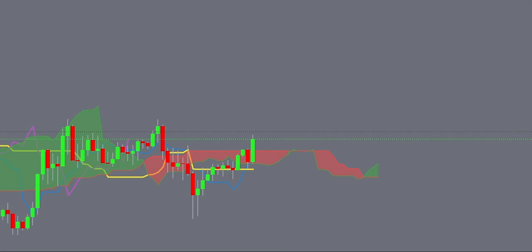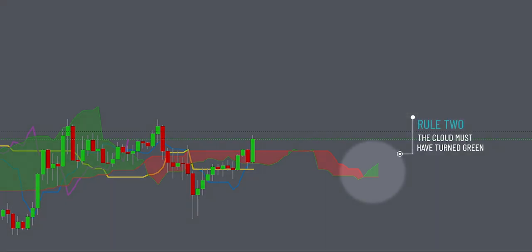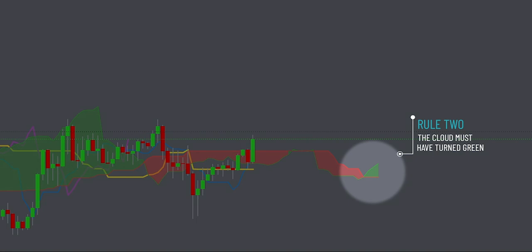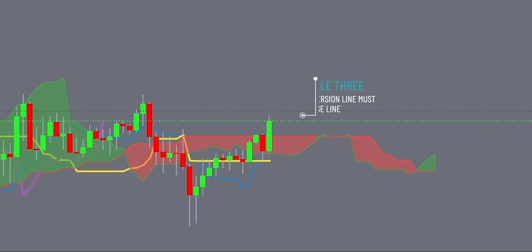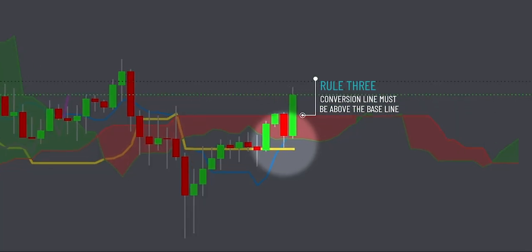So then the second rule, and this is a long trade that we're looking at here, is that the cloud must have turned green, okay, which as you can see we've got, when the Senku spans cross in your favor, and here we have it, we've got a green cloud, perfect. The third one, a little bit more difficult to see, is that the conversion line must be above the baseline, okay, and we've got that there.